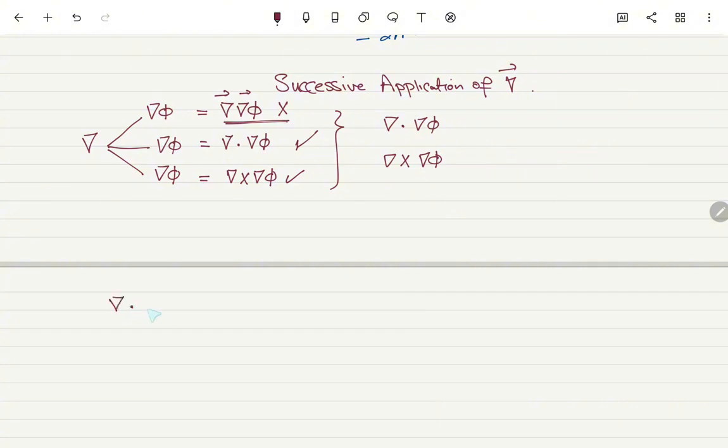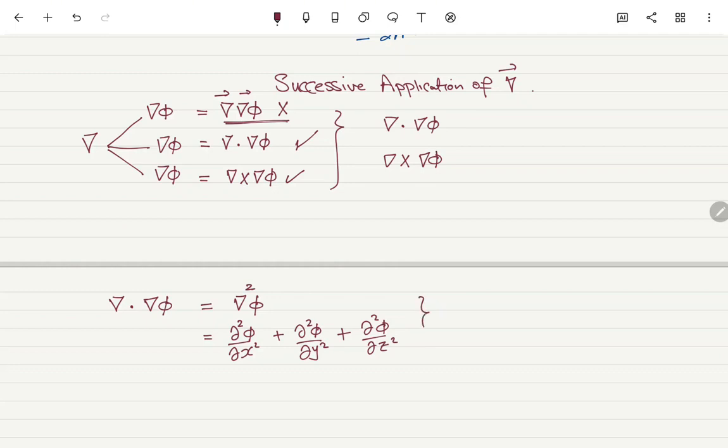Divergence of gradient phi is equal to del square phi, which is partial squared phi over partial x squared, plus partial squared phi over partial y squared, plus partial squared phi over partial z squared.